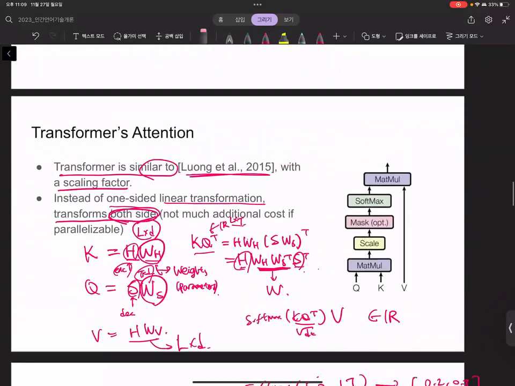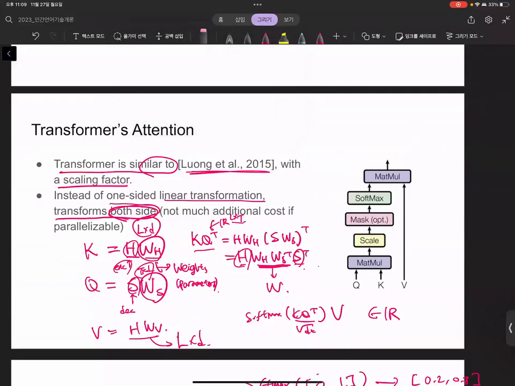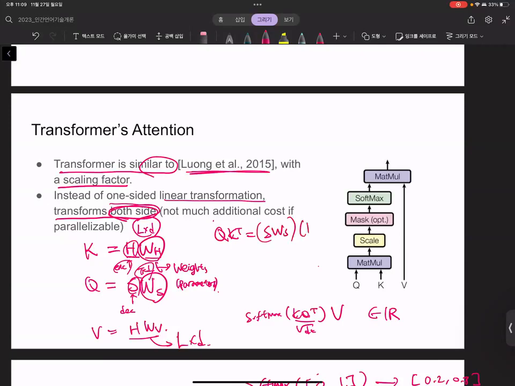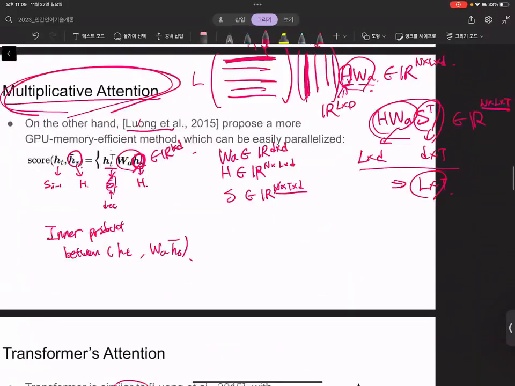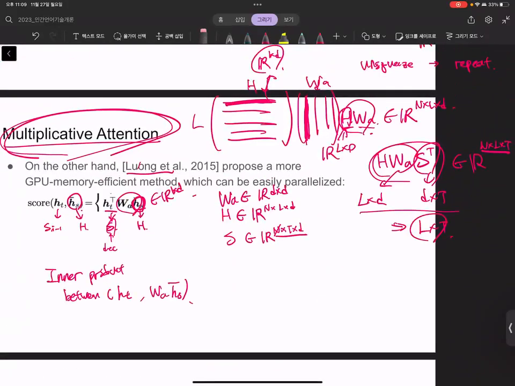Ah, okay. What is this? QK transpose. Then the first computation was correct.